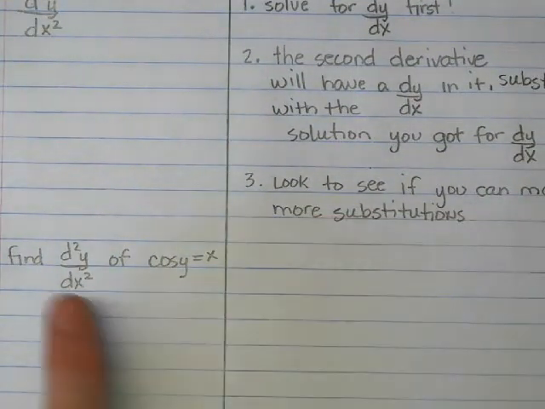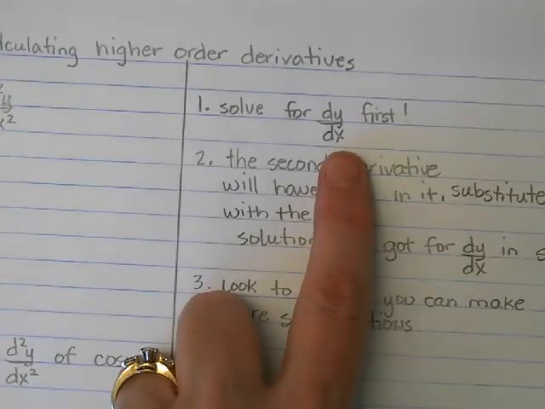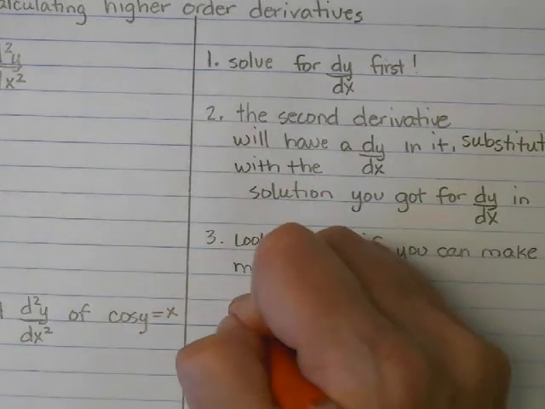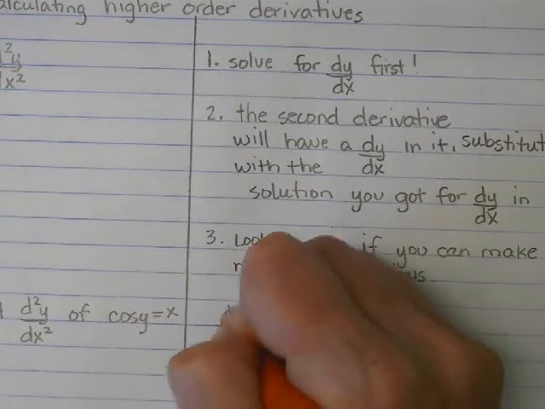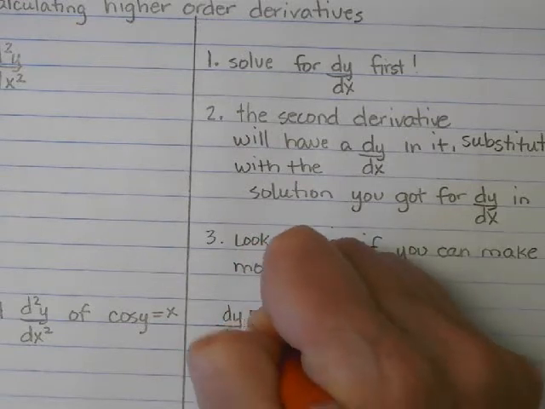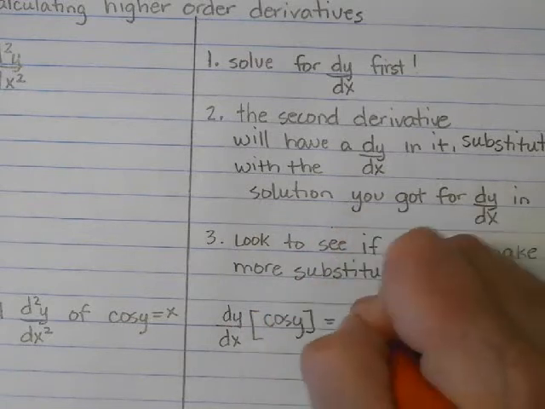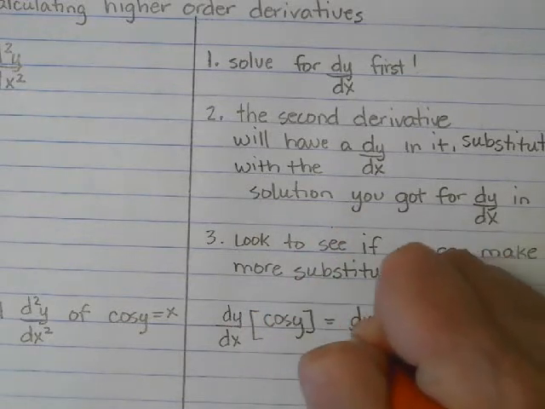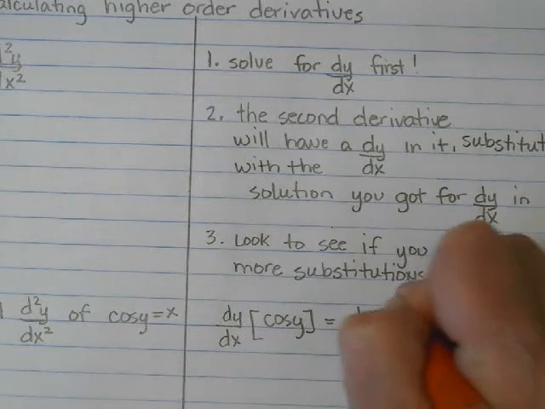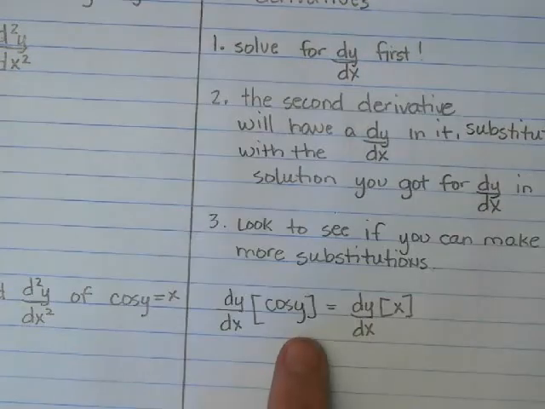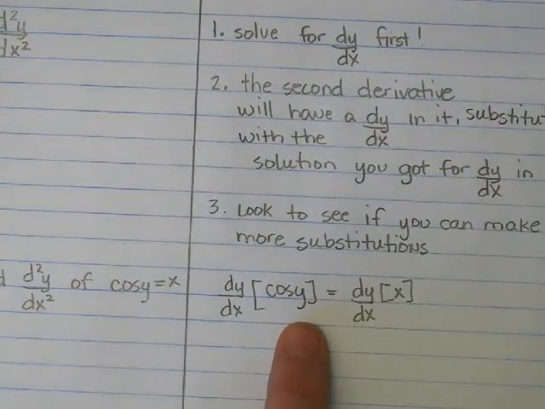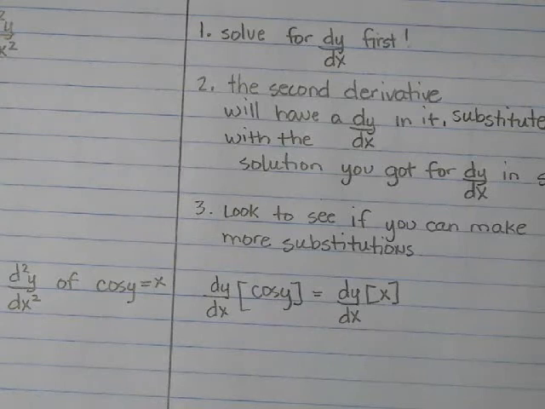Okay, so first thing I've got to do is find dy dx. Okay, so let's do that. I can tell here that I've got a chain rule problem because the mommy function would be cosine x, but mommy's now carrying a y.